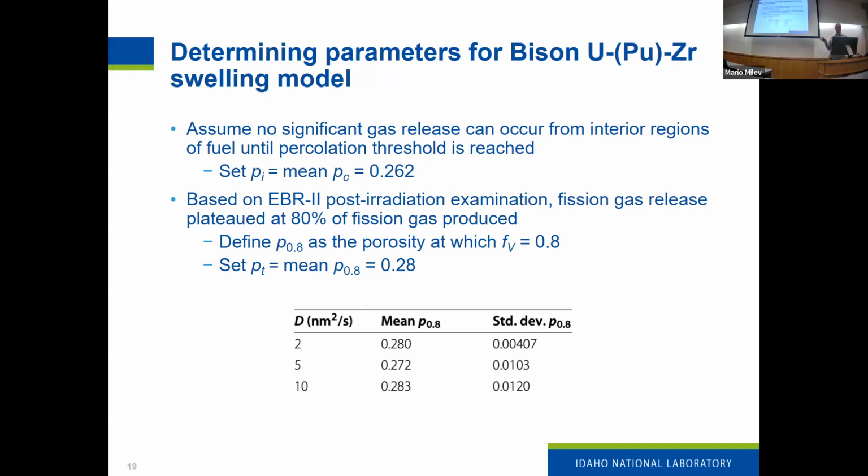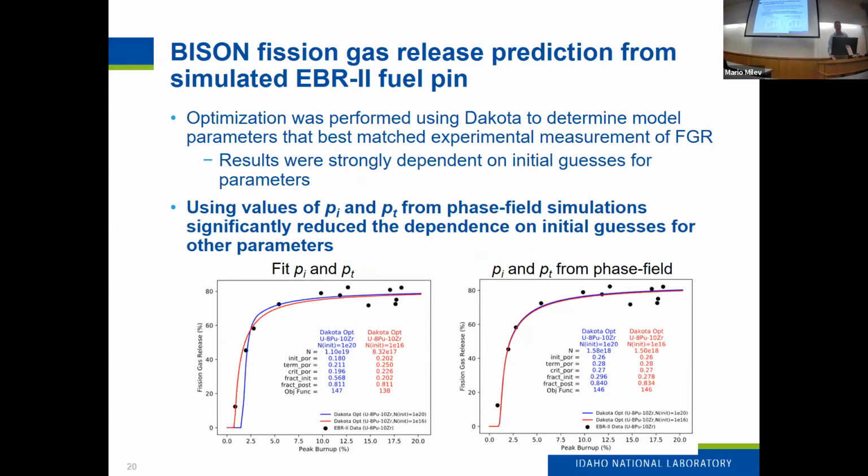And based on that PIE data, we said terminating porosity is when we reach that porosity where the fraction vented is 0.8. And that turned out to be a value of 0.28. So those are basically the numbers that we were looking for from our microstructure level simulations. And then going back to that model that I initially talked about for swelling, now we have the P sub I and the P sub T.